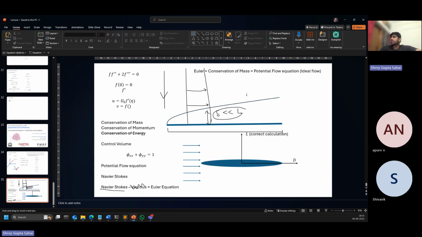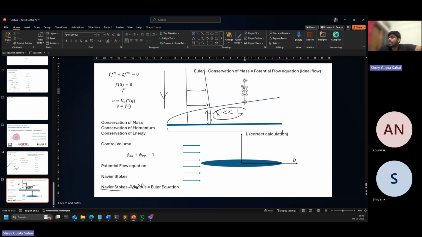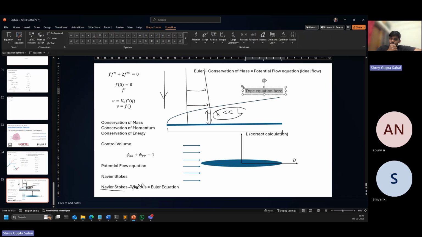Okay, now basically you are trying to calculate the velocity field u, and you write something like this. You write that u is u naught, where u naught is the free stream velocity, as a function of eta. What is eta? Eta is this similarity variable. You must have heard the word similarity variable.